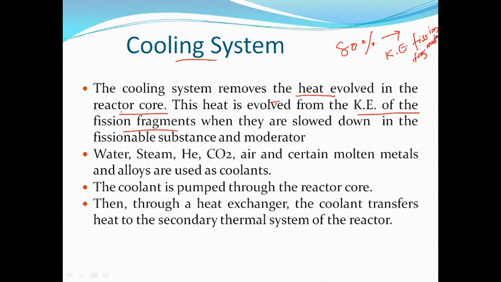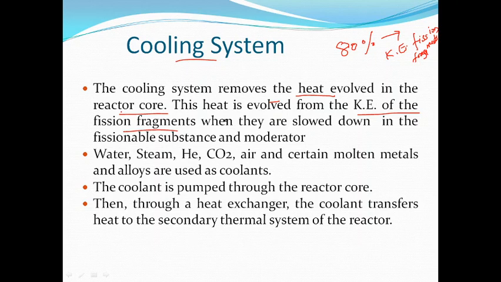That means almost the majority of the energy from a nuclear reactor is contained as kinetic energy of fission fragments. And these fast moving fission fragments are slowed down within the reactor, and this slowing down will release a huge amount of heat energy.